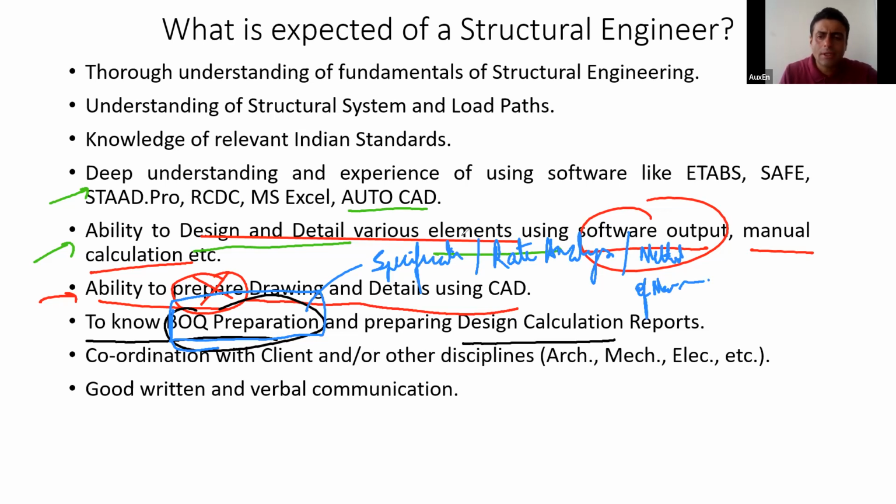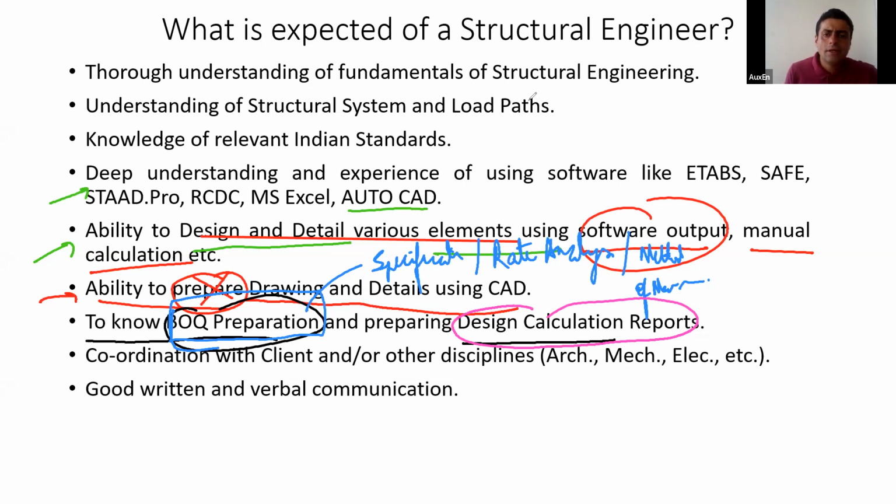But when you start working, you get to learn about these things more. A design calculation report is required sometimes when you are doing projects for government agencies. They ask you to prepare the design reports for the project, or if you are doing some important project and you have to get it peer reviewed or third party checked, then you may have to prepare some design reports.